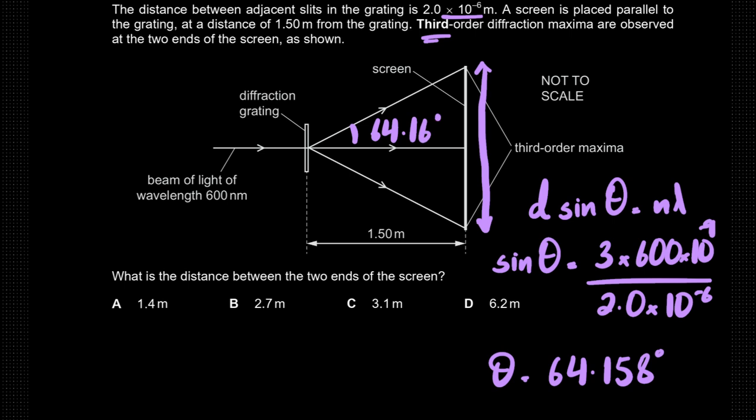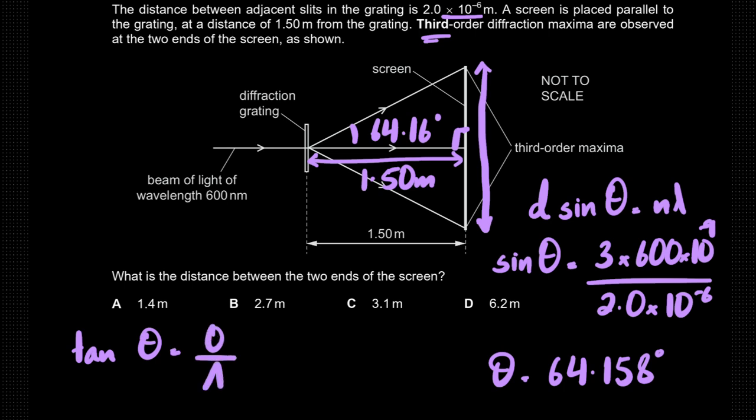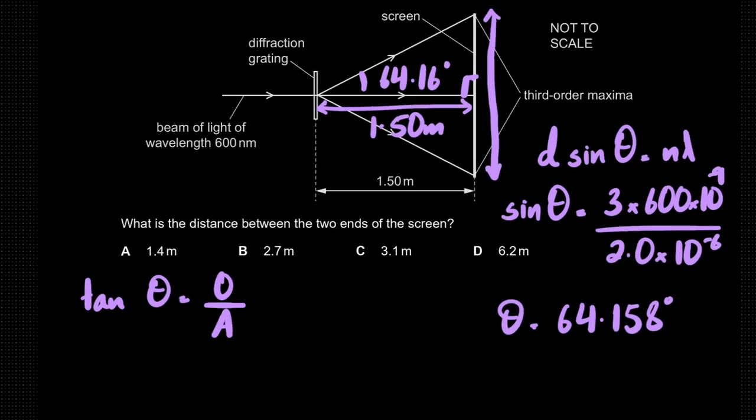And I also know this distance, which is 1.5 meters. So using a trigonometric ratio, I can calculate this. So obviously we'll use tan. We have adjacent, we need opposite. So tan theta equals opposite over adjacent. So opposite here is adjacent times tan theta.